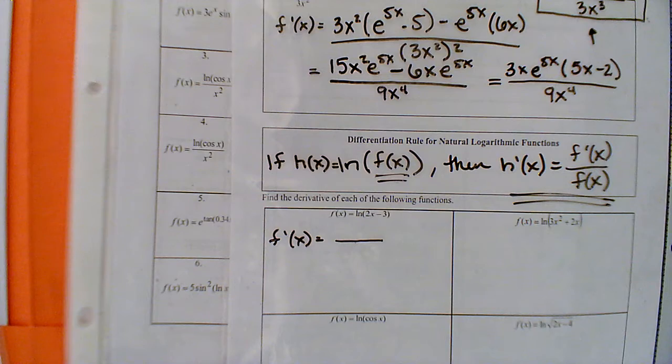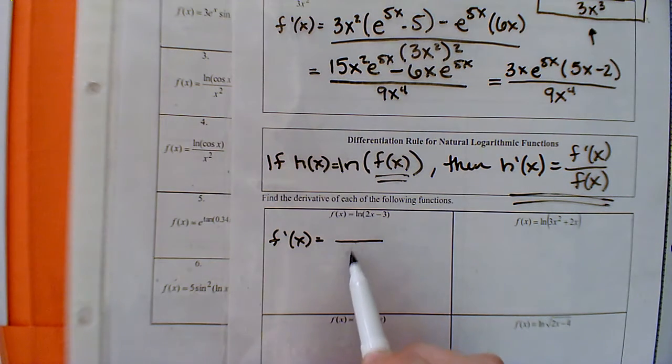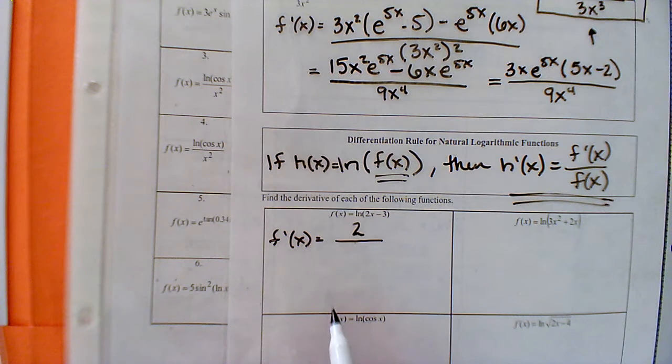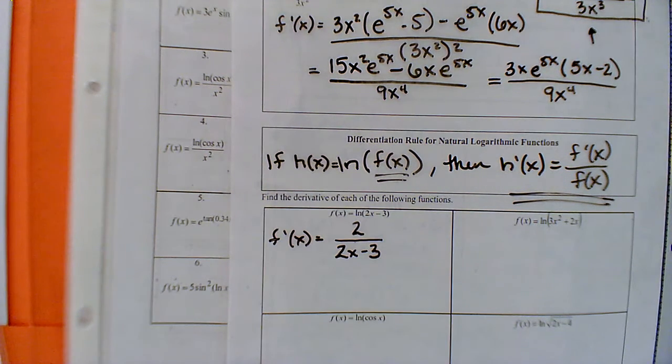Good, Ryan? The derivative of the function inside is 2. Okay, so that's our numerator. Good. And the original function is 2x minus 3. Yep, the original inside is going to be on the bottom. Perfect. So that's the derivative for this natural log function.